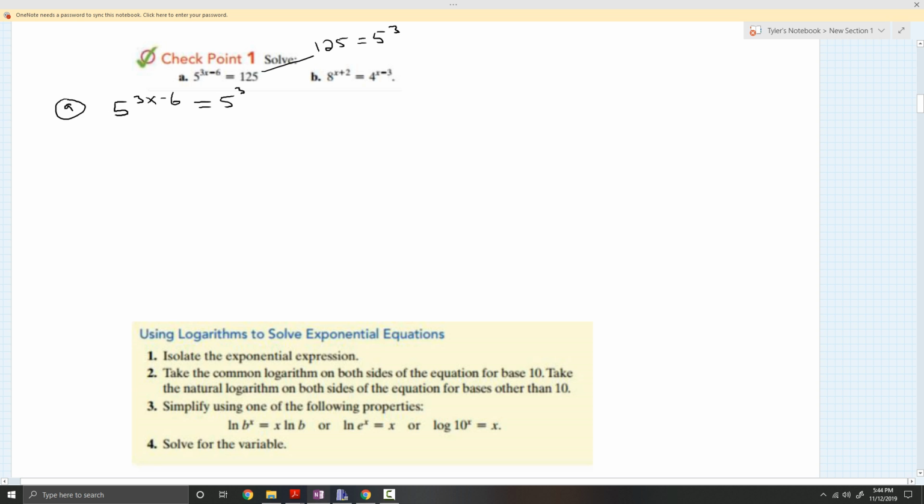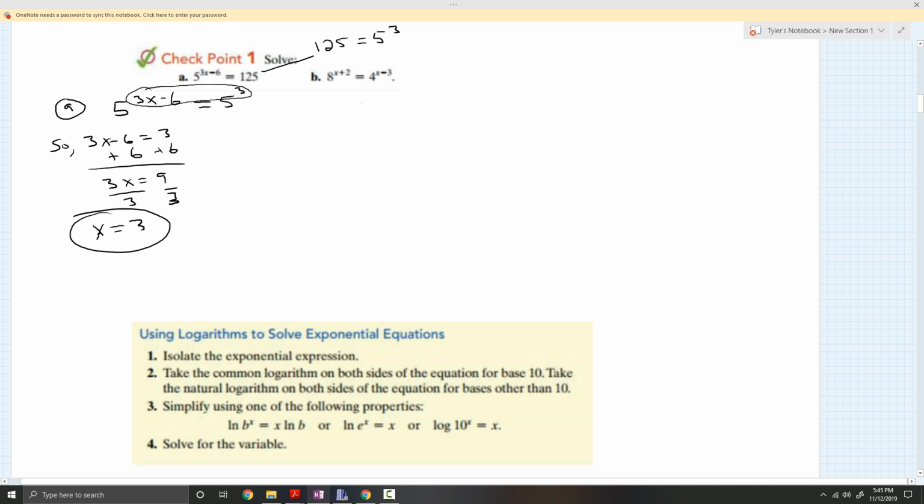So 3x minus 6 must equal 3. We need to solve for x. So we get 3x equals 9. Divide both sides by 3. I get x equals 3.